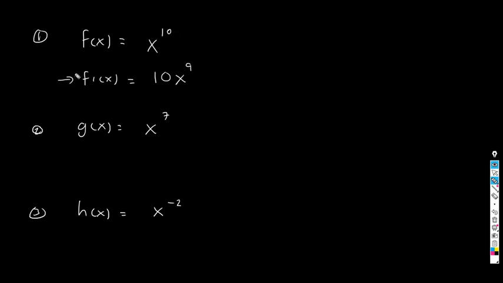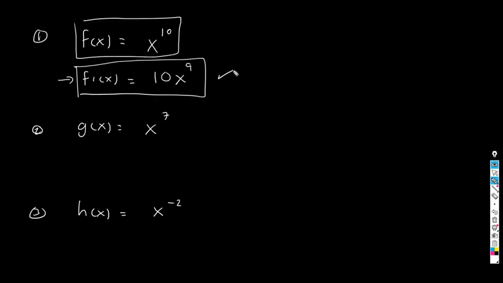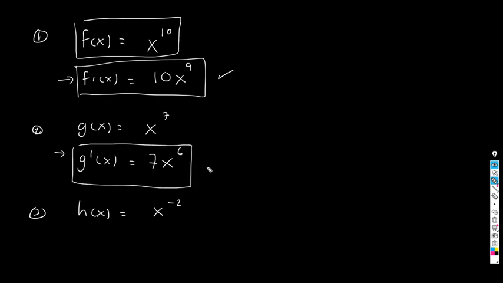Okay, and this is the result. This is the derivative of this function. Very simple. If g of x is another function and g is equal to x to the 7, then g prime of x, or the derivative of g, is equal to 7 times x to the 6, according to my result that we found a moment ago.